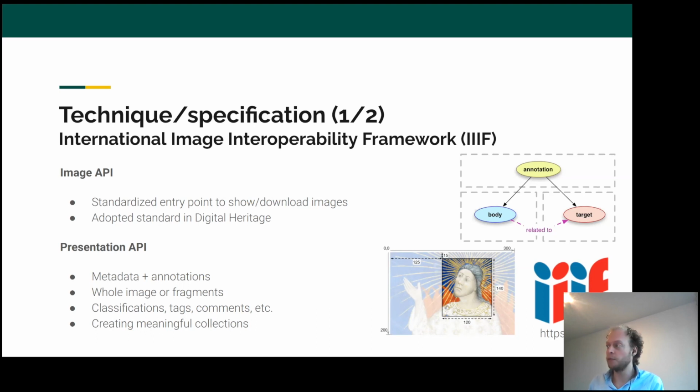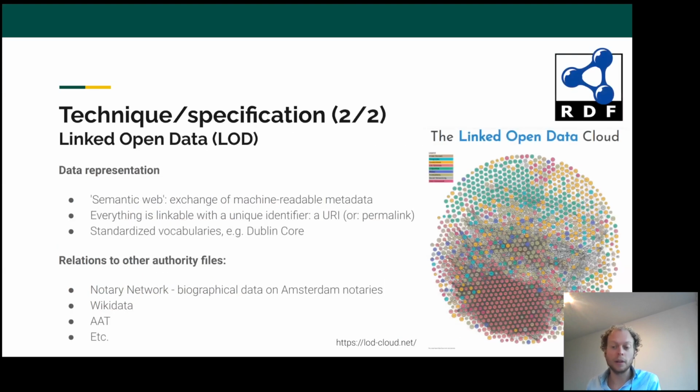Underneath, IIIF uses the web annotation framework to store these annotations. And that's a vocabulary built in as a foundation of linked open data, also called RDF, Resource Description Framework. It's again a standardized way of interacting with data.